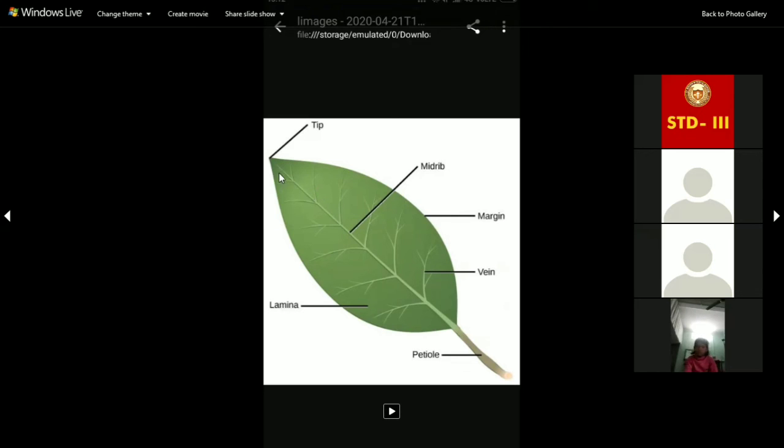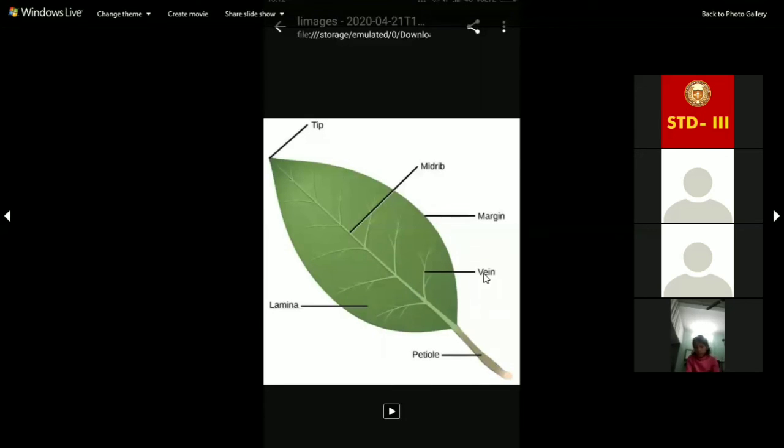What is the tip? The pointed portion in front of a leaf is called a tip. The straight line present at the center of the leaf is called the midrib or midvein. Many different small veins come out of the midrib.